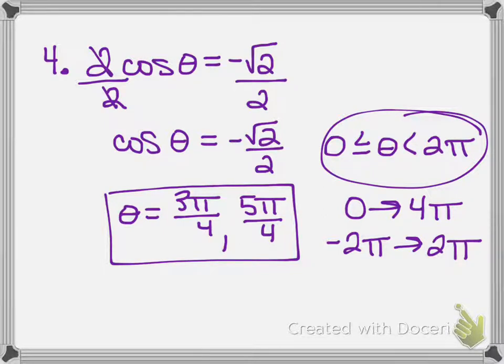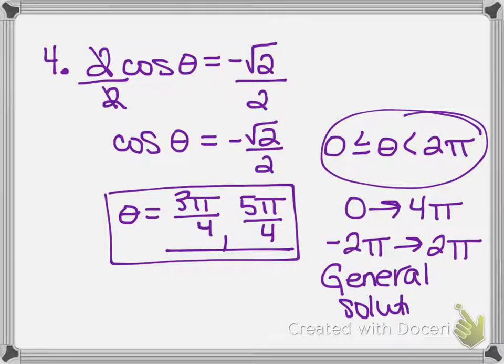And so what we need to do is practice taking these two answers and writing them in what we refer to as general solution form. And there's another situation that we're actually about to have to dive into with questions 6 and 8 that requires that we do general solution form anyway.